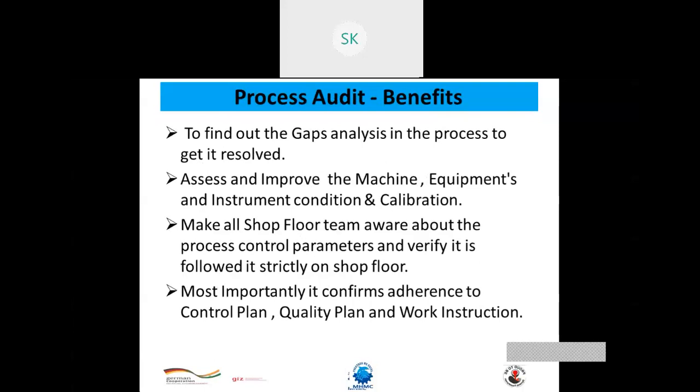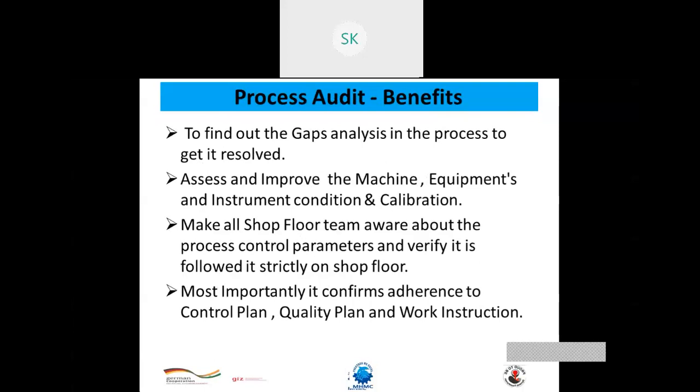Just like in schools, teachers come and inspect your notebooks or homework. If they are checking your notebooks and homework, then you follow it. If they are not checking, you may skip it because you know nobody will come and check. That is why process audit is a checkpoint for shop floor persons, supervisors, operators, everybody: somebody will come and inspect me, somebody will check my process.